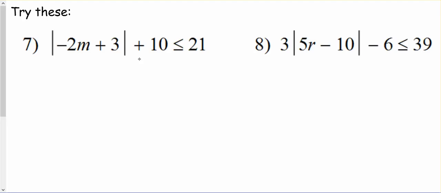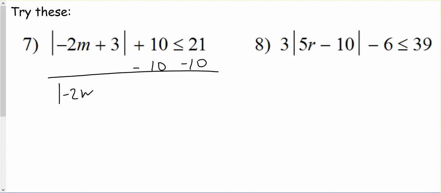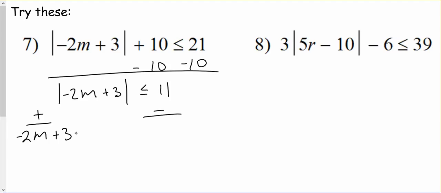So this problem, we're going to subtract 10 from both sides. We get the absolute value of 2m plus 3 is less than or equal to 11. From here we've got our positive side and our negative side. Positive side: 2m plus 3 is less than or equal to 11.